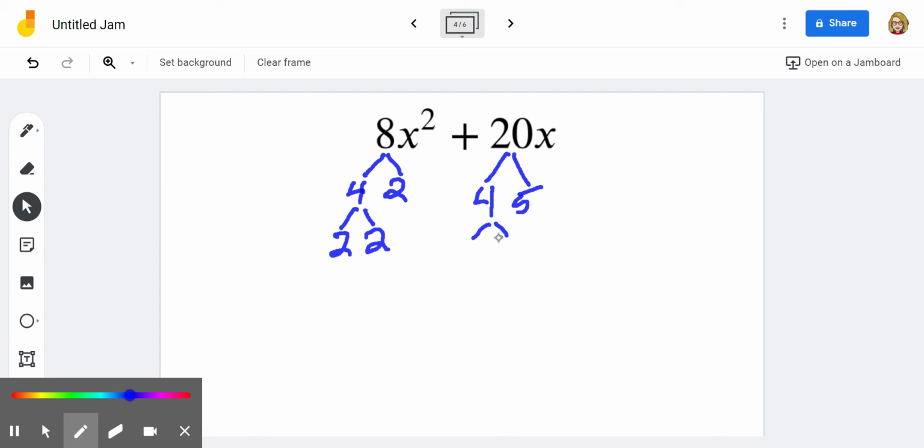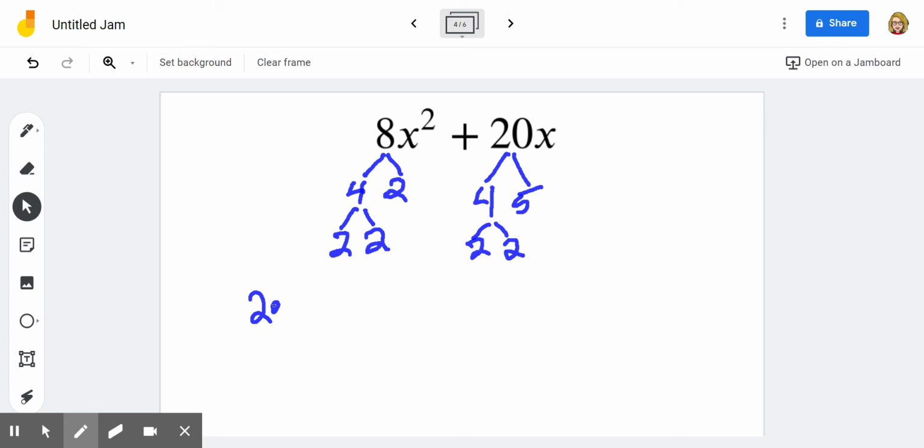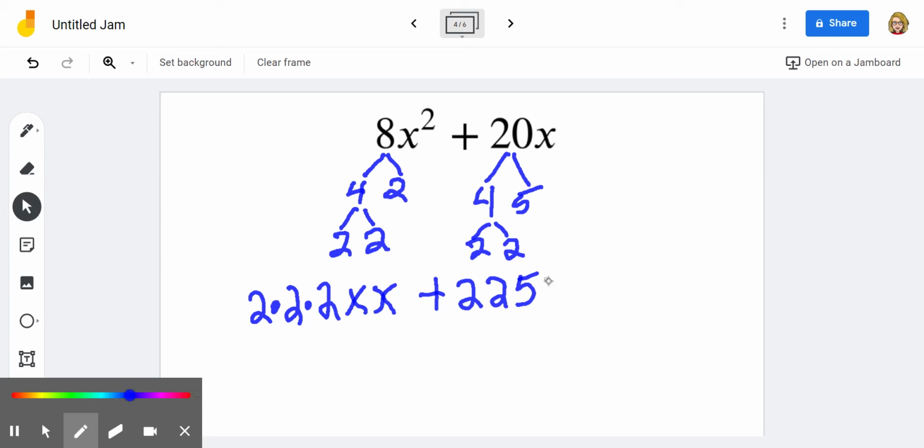And then 4 I can factor as 2 times 2. So I'm going to rewrite this as 2 times 2 times 2, and I have x squared, so it's going to be x, plus the 20 is now 2 times 2 times 5x.